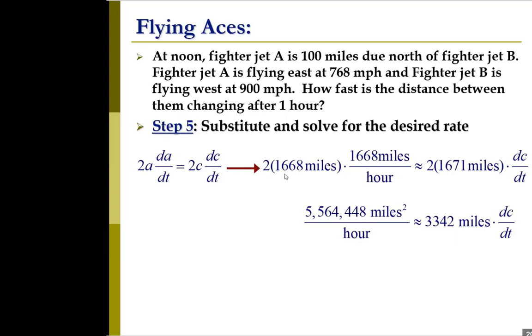So if you multiply 2 times 1,668 times 1,668, it's 5,564,448. It's equal to 3,342 miles times dc/dt. Divide, and we should get dc/dt is approximately 1,665.01. And if you got that, excellent job.